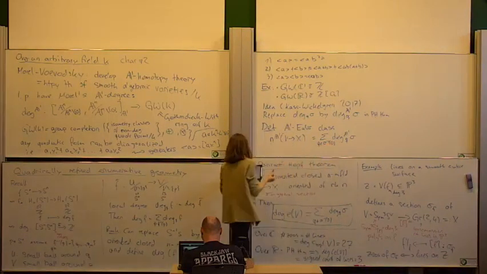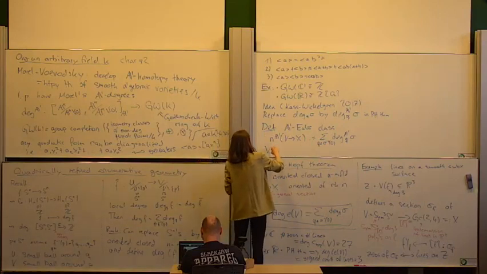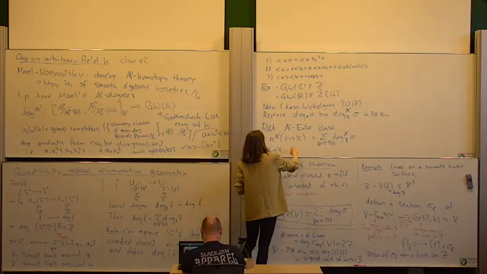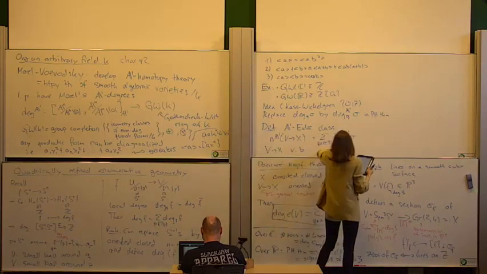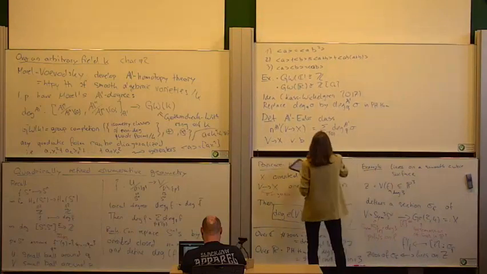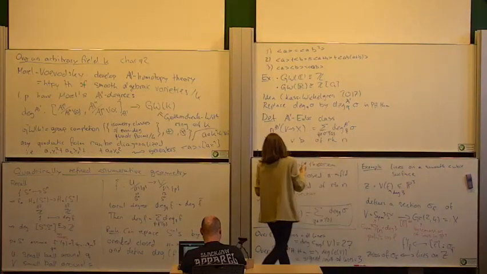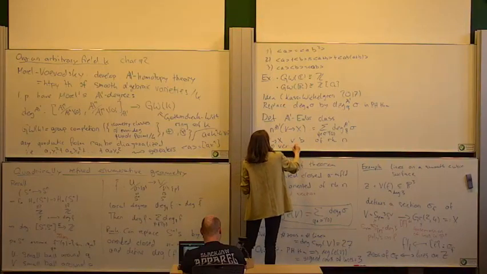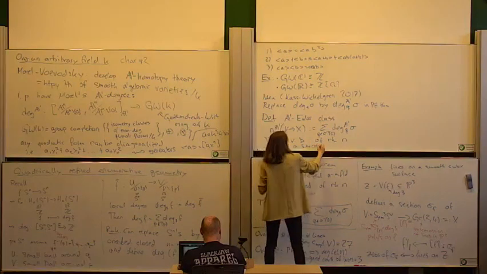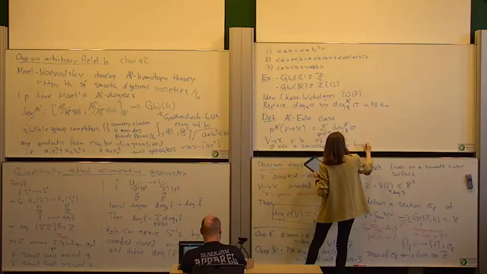So I need to tell you a little bit about the input here. So here, this here is the vector bundle, B for vector bundle, again of rank n, let's say, over a smooth proper K variety.